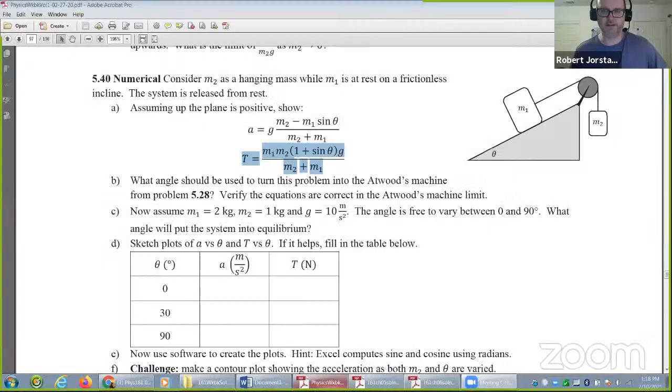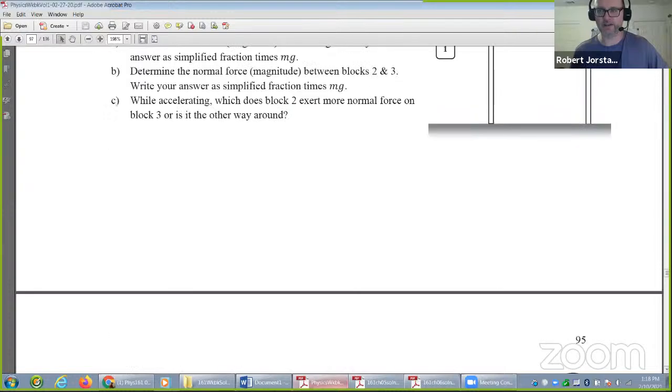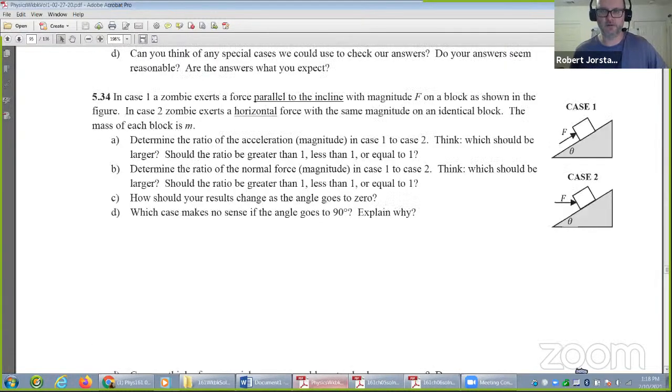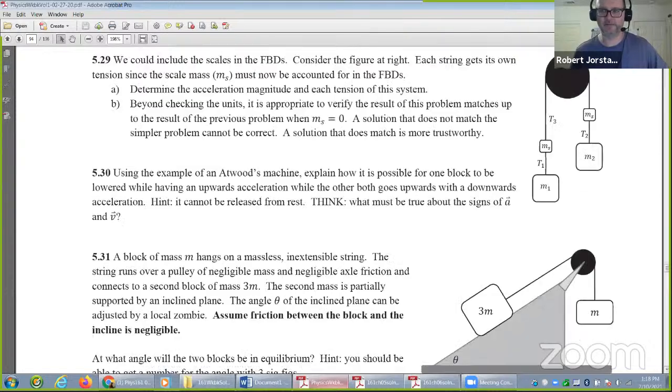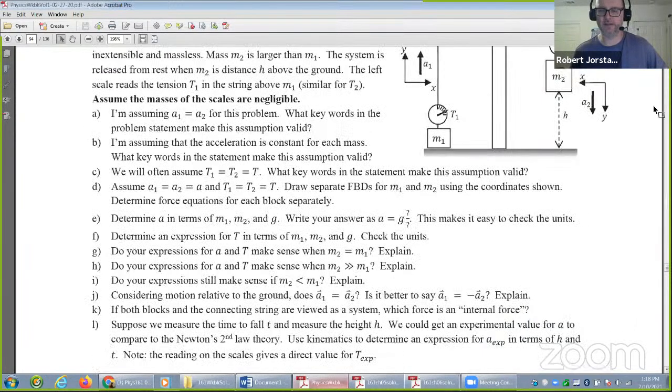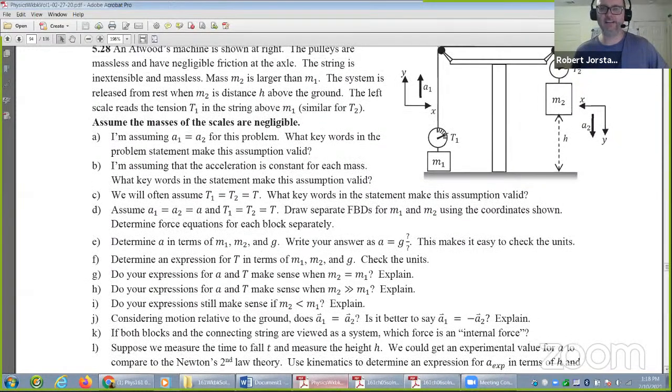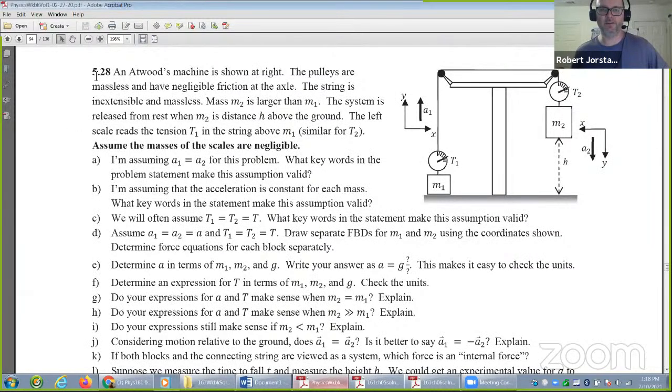Now I promised I would mention something about what conditions have to apply for us to use the same tension and all that. So let me show you where that is in the workbook in case you want to see this stuff. Trying to do things in a little bit different order just to keep you guys awake. Right up here, this problem, notice there's parts A through L. This is the problem you can do if you're new to this stuff and you haven't done this in a while.